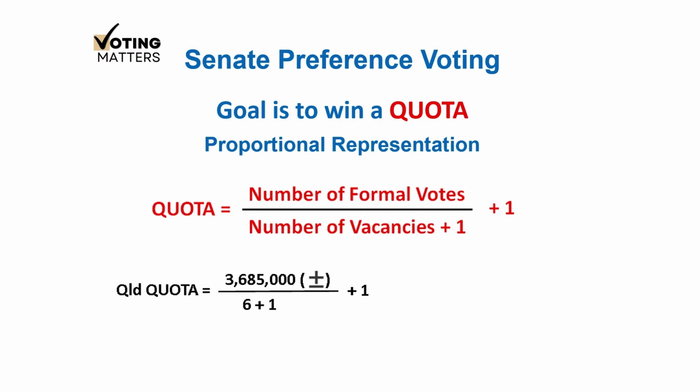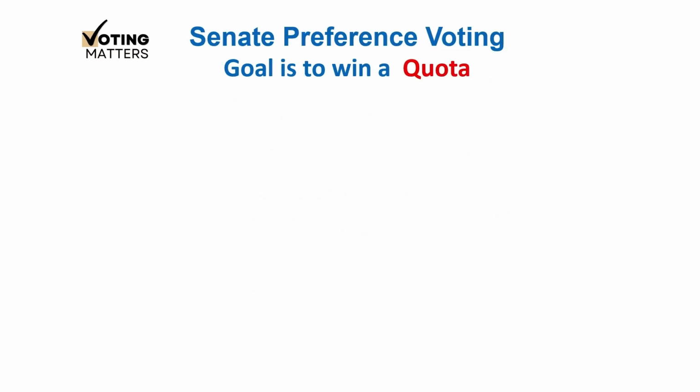Dividing that by the number of senators to get elected, that is 6, plus 1, then adding 1 gives a result of 14.286%, or over 500,000 votes to get a quota in Queensland. That is a consistent percentage in every state, but in the territories where just 2 senators are elected, it is 33.33%.